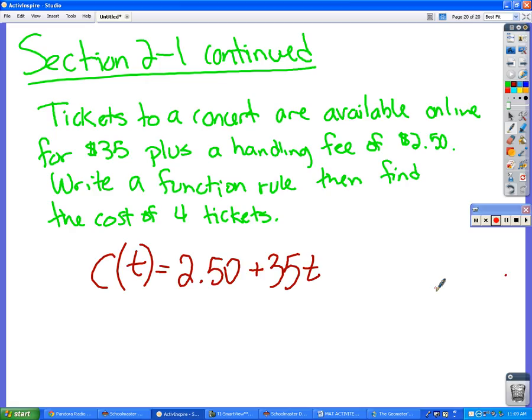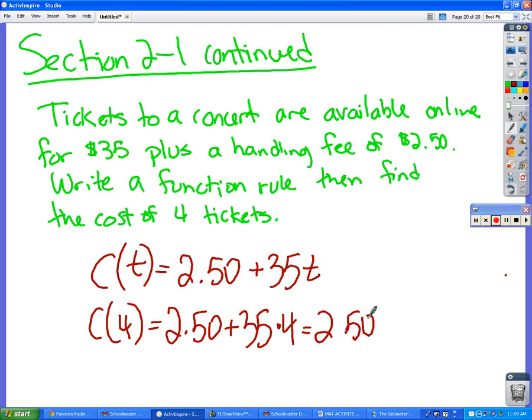Okay, and then you guys asked a great question. Are we ordering the tickets together, or are we going each individually? I'm going to order the tickets for the four of us, and then you guys can each give me your $35. I'll cover the handling fee, don't worry about it. So that means I'm going to plug 4 into this equation for t, which is why somebody asked, what's 35 times 4?